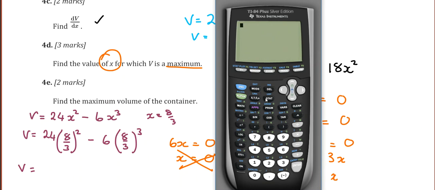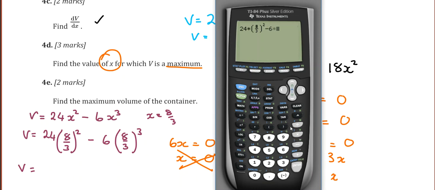I could do it as 24 times, put it in as a thing, 8/3 squared. I could do that if I want. Keep going.